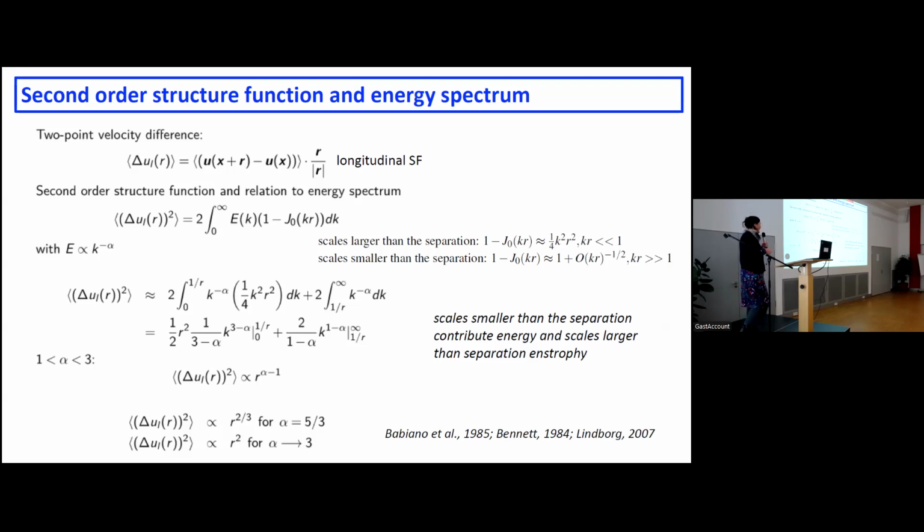So if you have a spectrum that goes with minus alpha, then your structure function should go with r to the alpha minus 1. That means for your nominal minus 5/3 spectrum, you should get a scaling of 2/3. If your spectrum goes with 3, you should get r squared. Or 2, you should get a linear scaling, and so on.